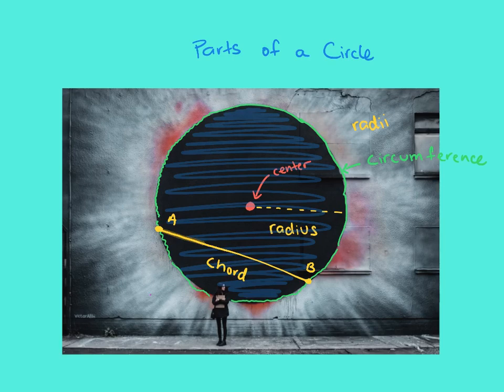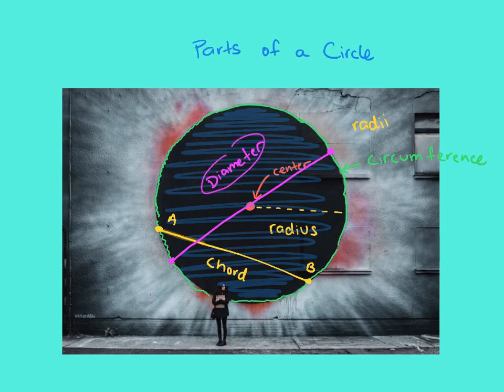Excellent. A chord that does pass through the center, I tried my best there, is called the diameter. The diameter is the only chord, or a chord actually, that passes through the center. Yeah, so we got diameter.